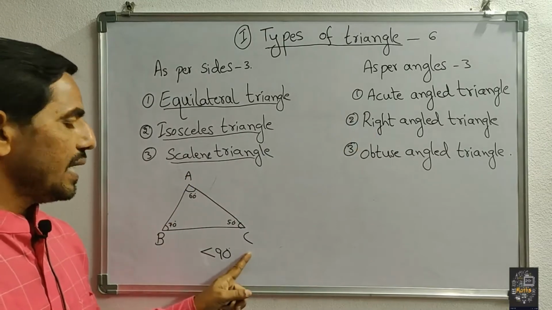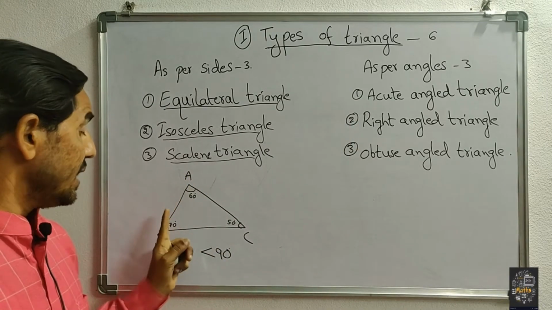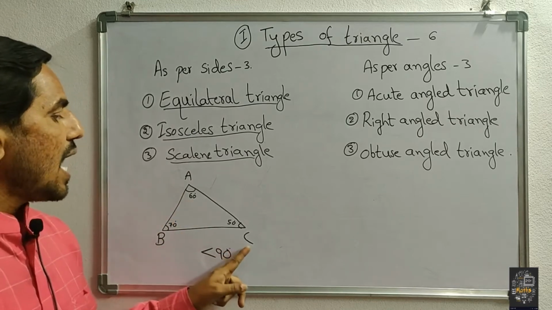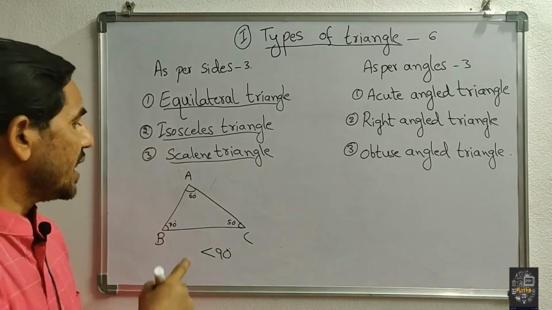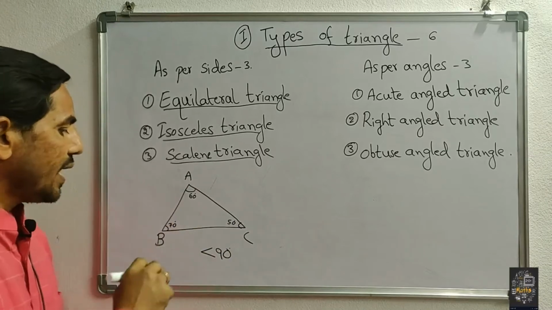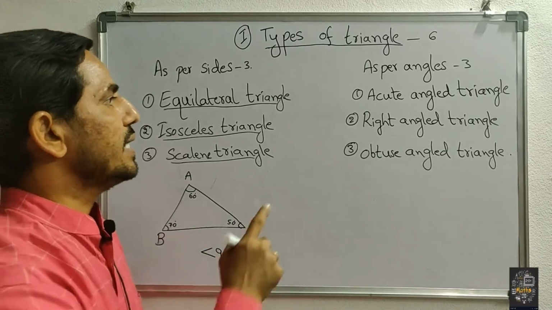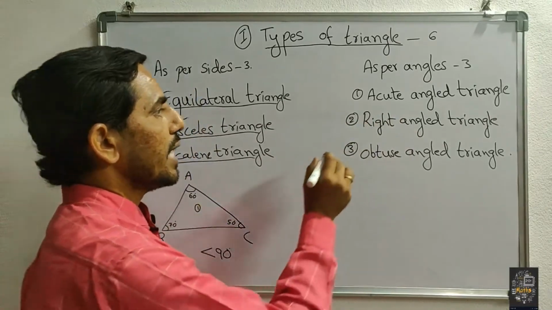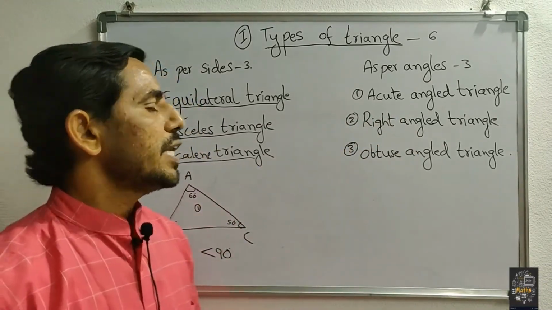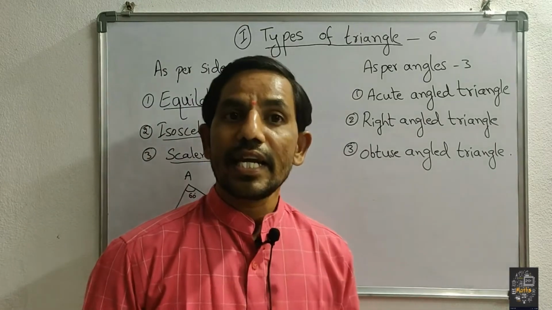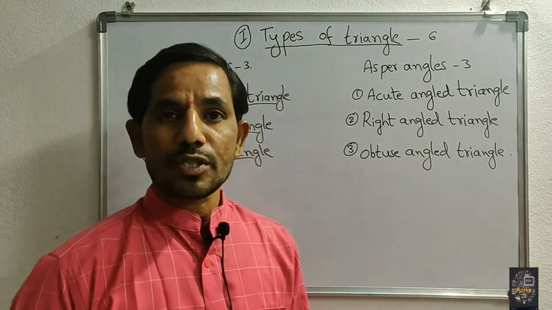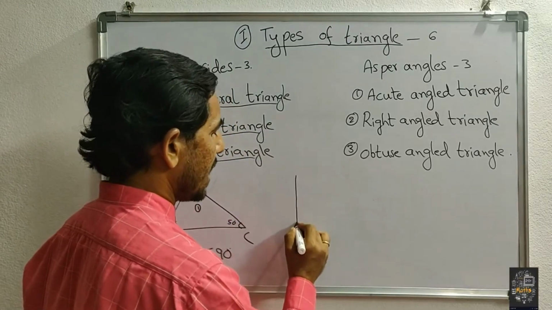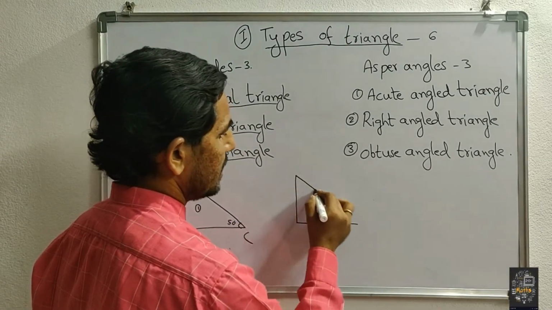In triangle ABC, angle A is 60, angle B is 70, angle C is 50 degrees. So here each angle must be less than 90 degrees. That is an acute angled triangle. And the second one, right angled triangle, means in which triangle any one angle is exactly 90 degrees. That is a right angled triangle. Here this is the diagram.